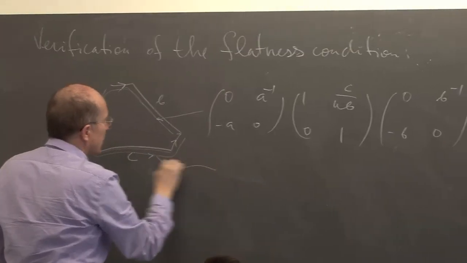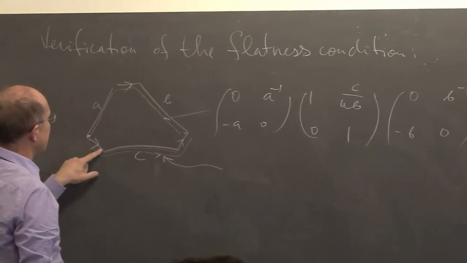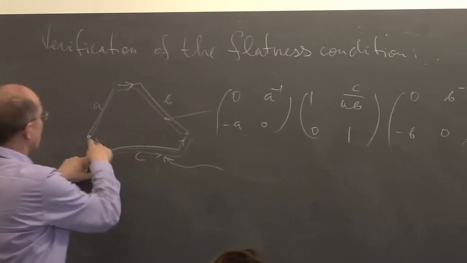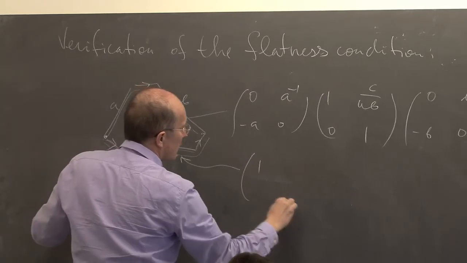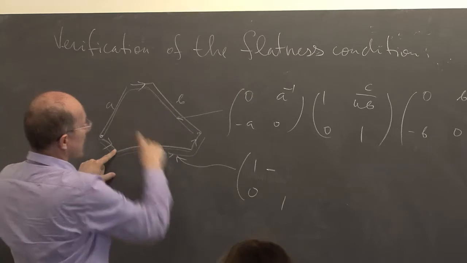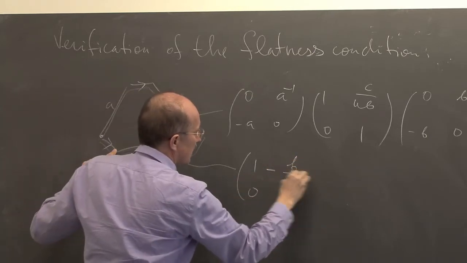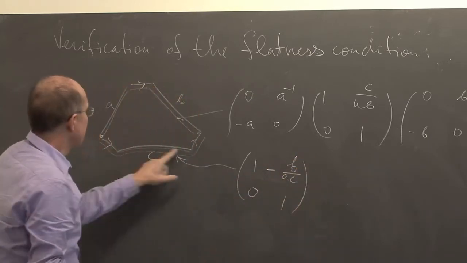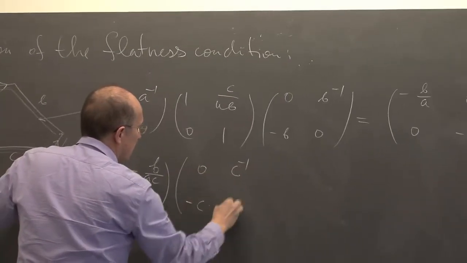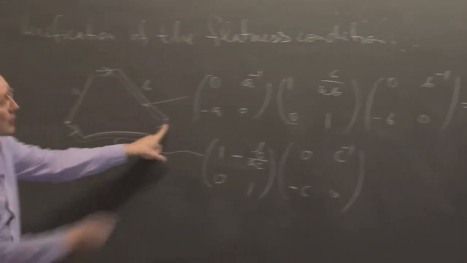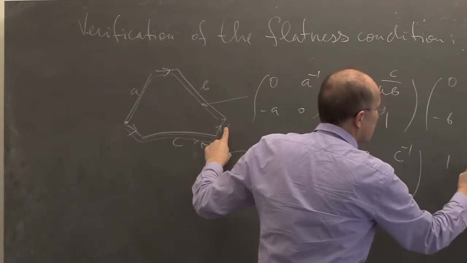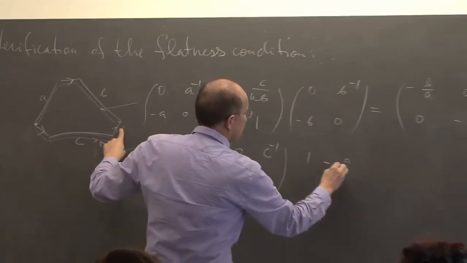And now for the lower parallel transport, I will write another product. What we have here, we have to take the inverse of that corresponding to that edge. So it is 1, 1, 0 minus B over AC, times the anti-diagonal matrix C, and the inverse of the upper triangular one here, which is 1, 1 minus A over BC.